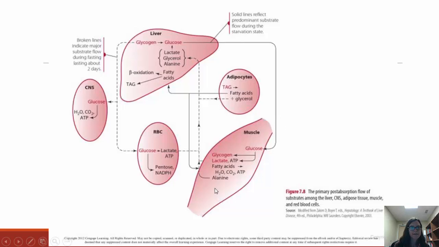So here we can see that in the muscle, we have alanine, and then the alanine goes back to the liver and is used to make glucose via gluconeogenesis, and then that glucose can go back to the muscle. So that's mostly what's happening in this post-absorptive state.